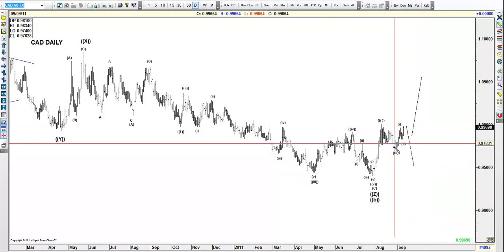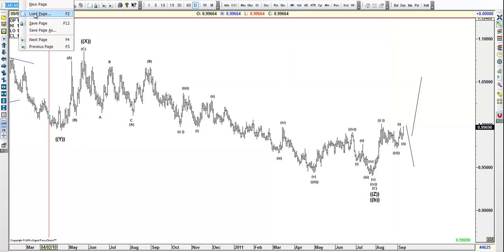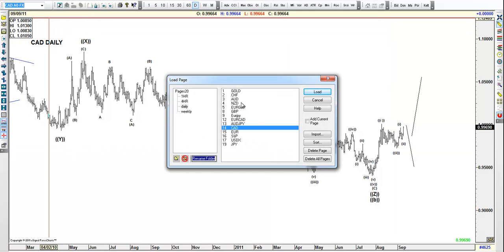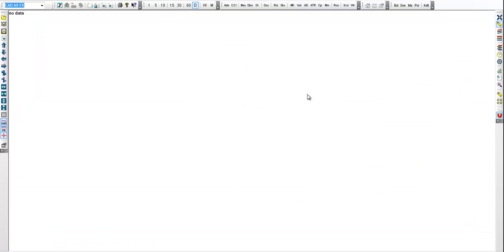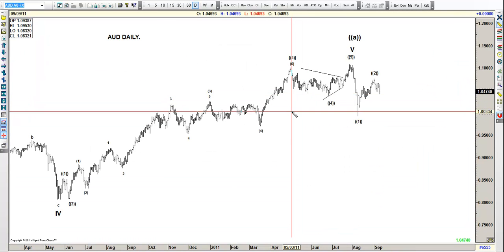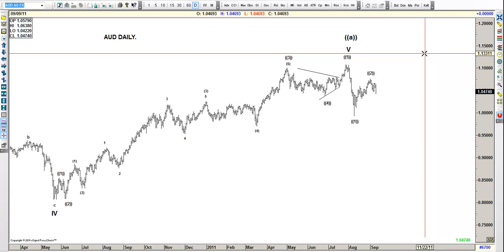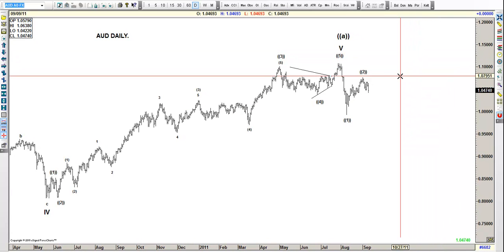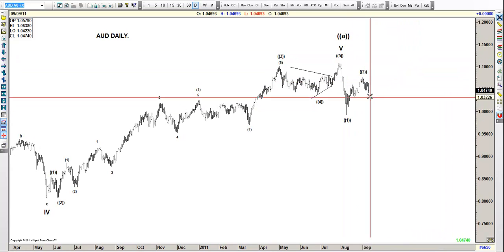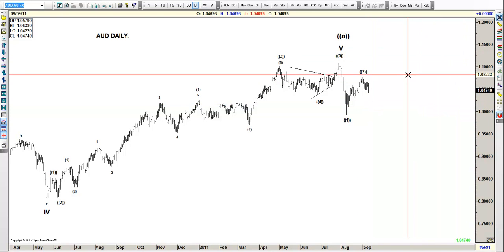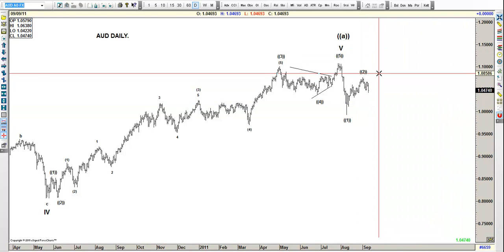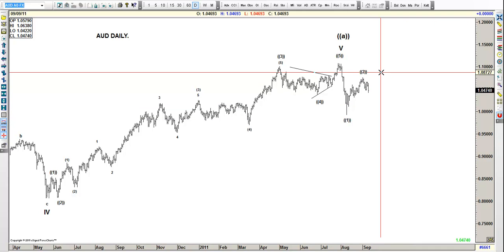And then, having said this about the CAD, I have to tell you something, guys, about Aussie. We're presenting here the bearish, the dollar bull, but this can get a little bit more complicated, because right here, and remember, these charts are all daily and weekly.